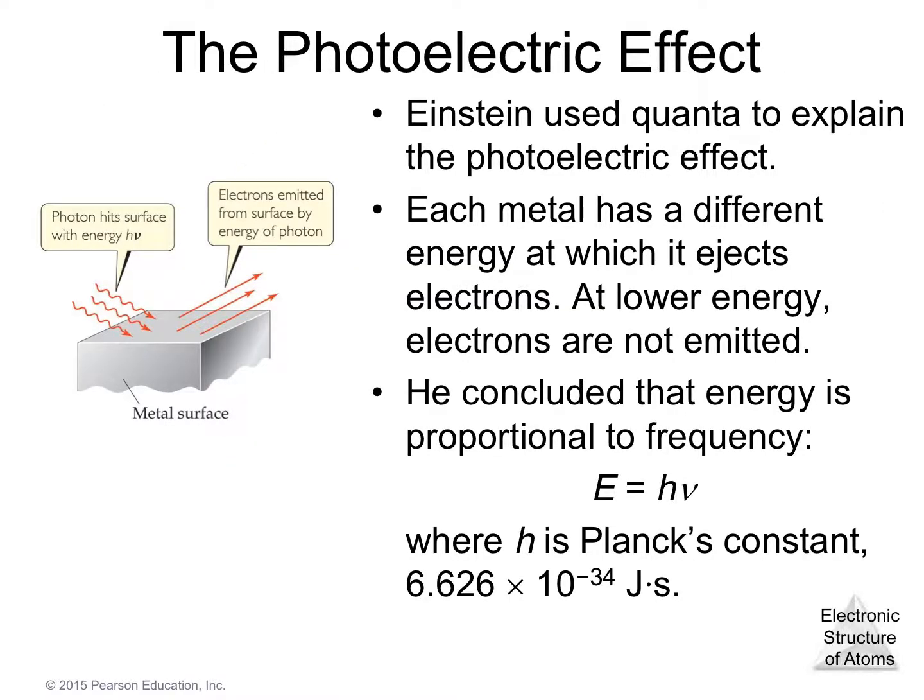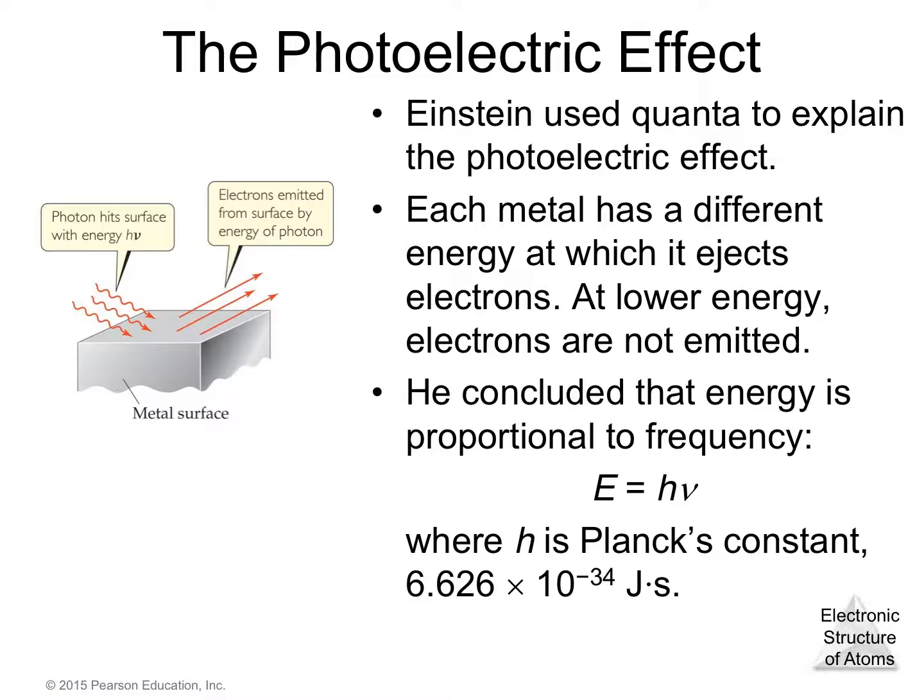Einstein used Planck's constant, or Planck's discovery, to explain the photoelectric effect. This effect says that when light hits a metal surface at a certain frequency, it causes electrons to jump off of the surface. So this light is providing an energy, and providing enough energy to those electrons that they're no longer attracted to the protons where they were.